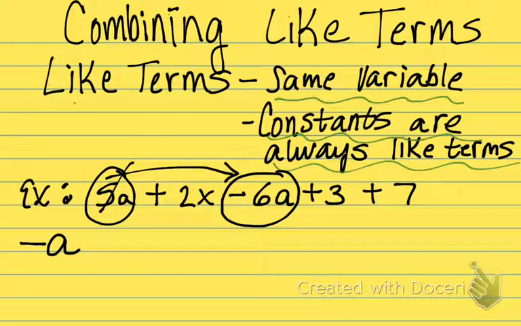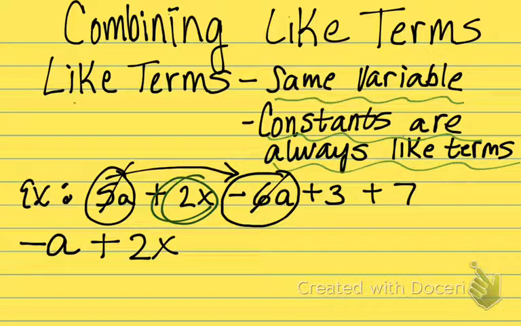Since I've combined those, I'm going to scratch them out. The next thing I have is a 2x, but I don't have any other x's to combine that 2x with. So I am just going to leave it down here as plus 2x, and so that one's taken care of.